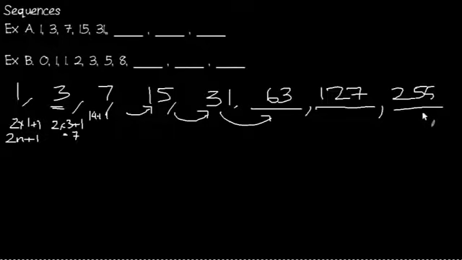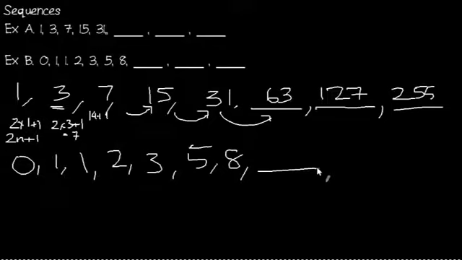So all you would do is multiply the term by 2, then add 1, and you get the next term. Okay, so pause the video again and try the next sequence. And if you're having trouble, I can tell you that the next one on this list is going to be 13. Try it yourself, pause the video and try it yourself.